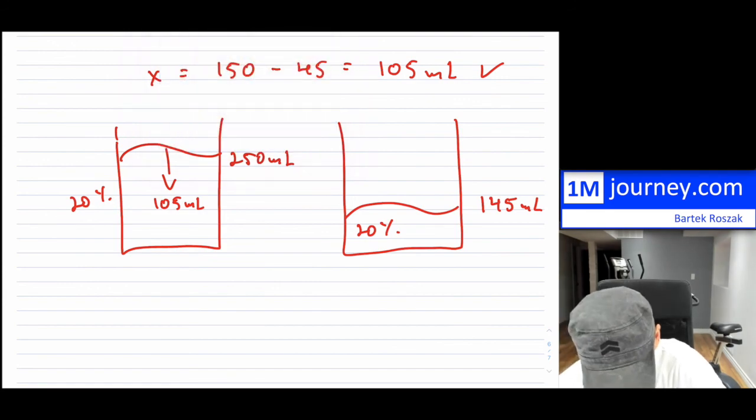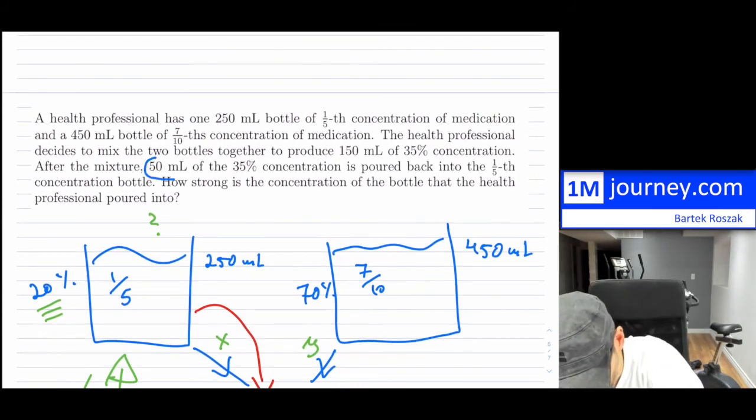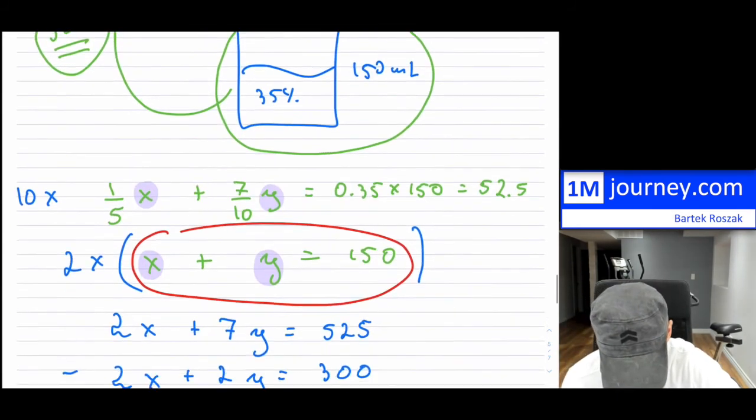But what do we do? In here, they tell us that we pour in 50 milliliters of the 35% solution.